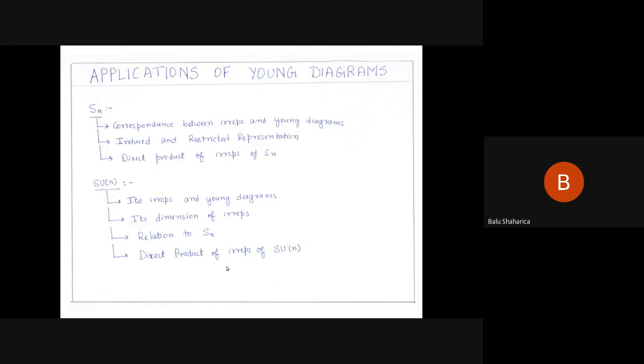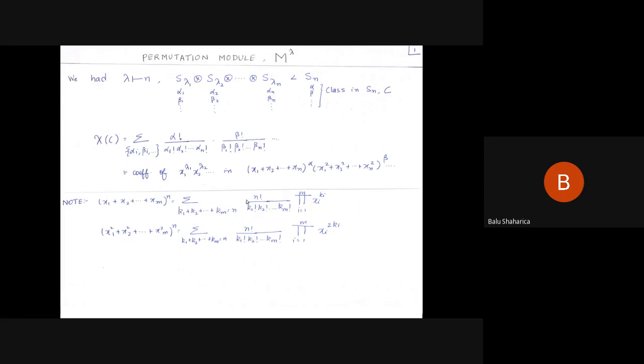So let's start from where we left off in class, that we took a subgroup of Sn, which is S lambda 1, S lambda 2, a direct product till S lambda n, where lambda is a partition of n.